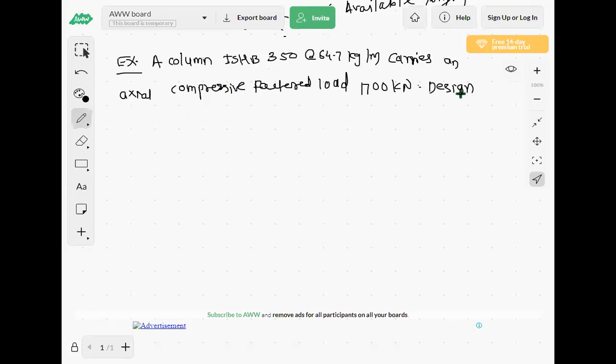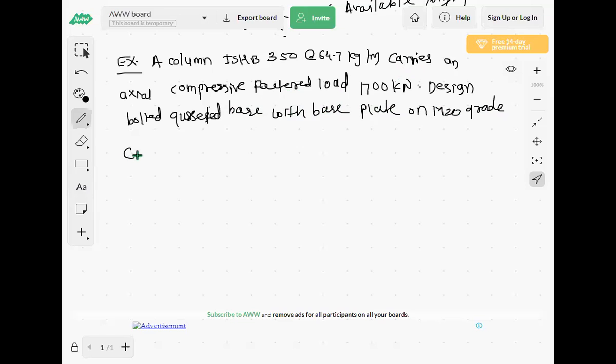Design a bolted gusseted base with base plate on an M20 grade concrete pedestal.